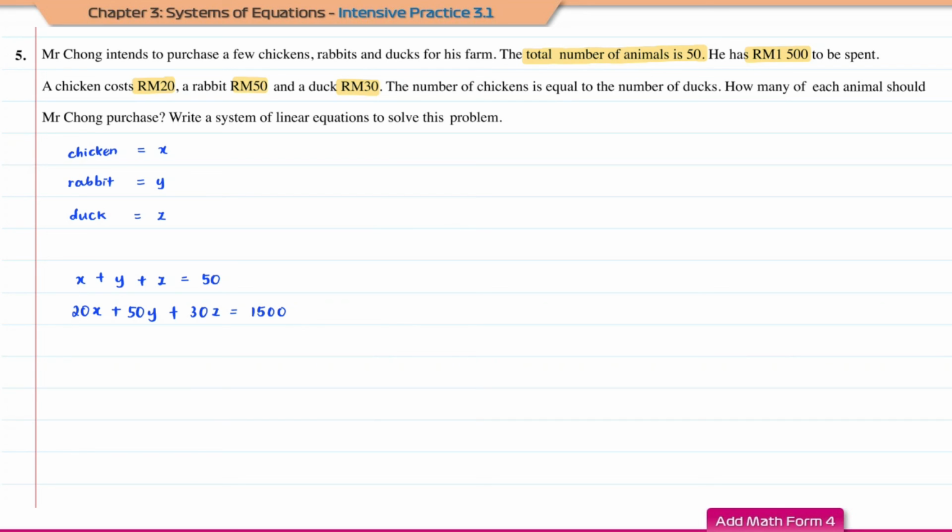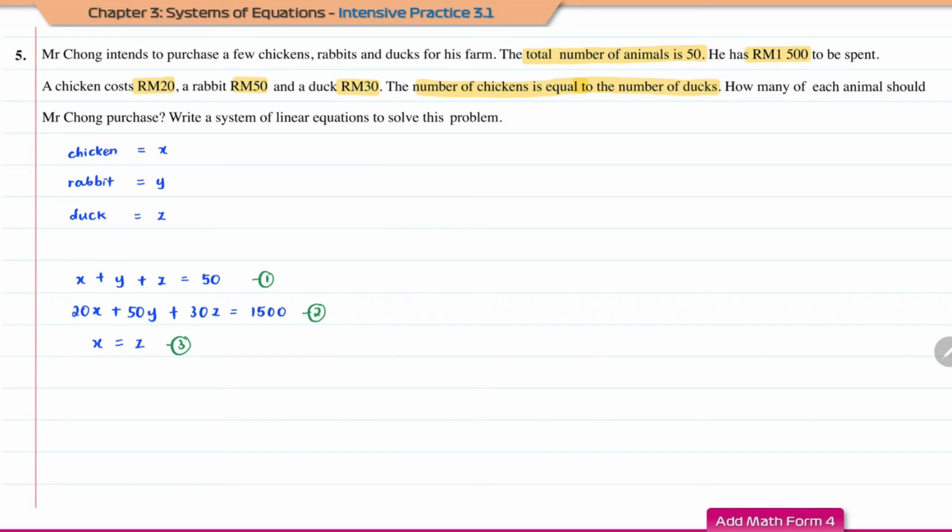The third equation: the number of chickens is equal to the number of ducks, so x is equal to z. Alright, so next we're going to label these as equations 1, 2, 3.